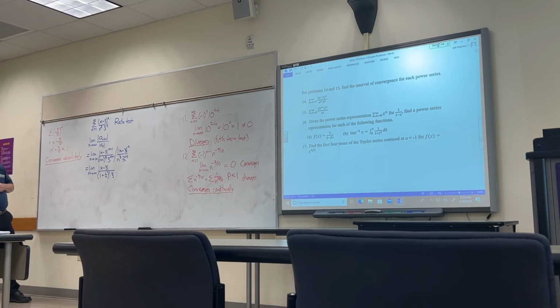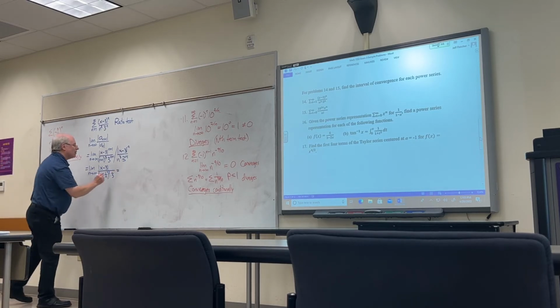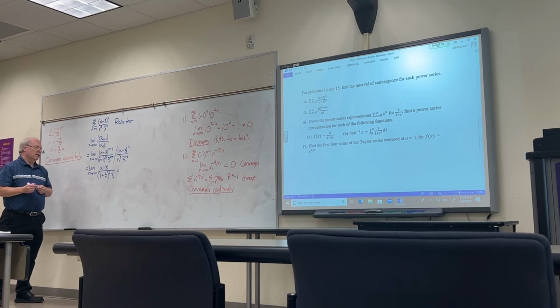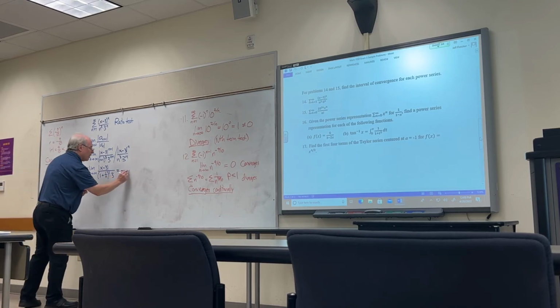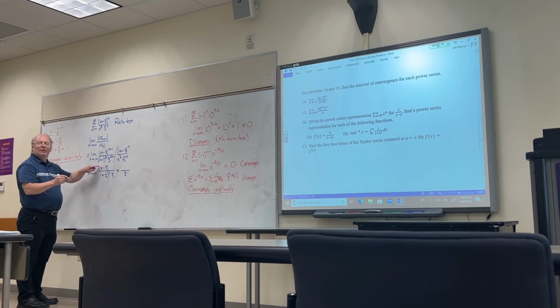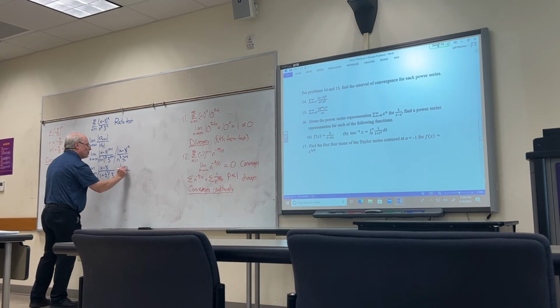So now we need to take the limit of that as n goes to infinity. 1 to the power of 3, which is 1 times 3. So in the denominator you have 3. And there's no n in the absolute value part, so it's just going to remain absolute value of x minus 3.